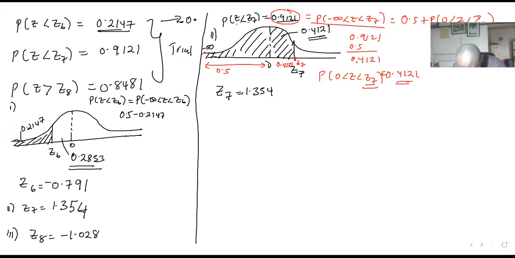Aisha, look at 0.4, it starts from around 1.4. But we are looking for 0.412. Yes, teacher. 4121 is not there, but there is 4115.